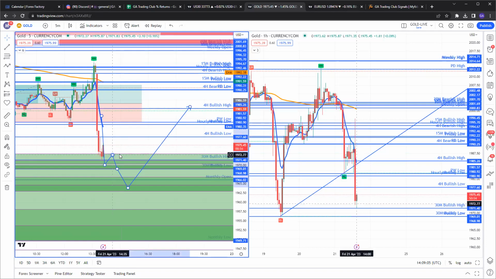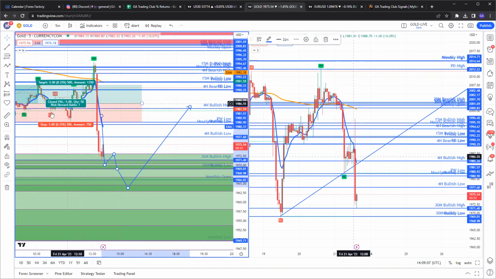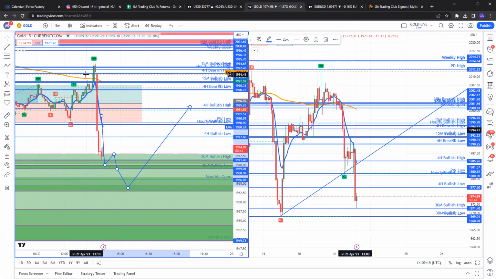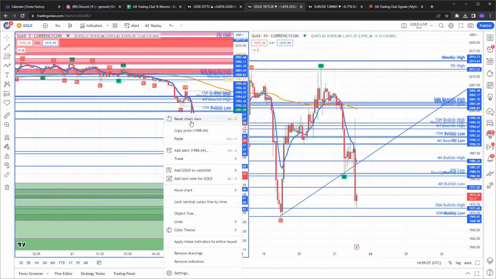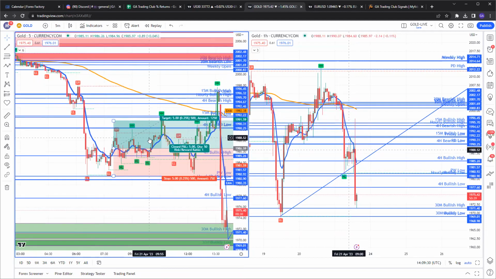Now the other thing I'm testing: the basic 9 EMA indicator is a lagging indicator, so price is normally far away from it. It's worked for us a good amount of times, especially today. If you're using it for this reversal strategy on gold, you could have caught this gold buy easily.